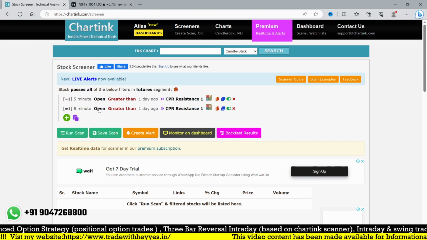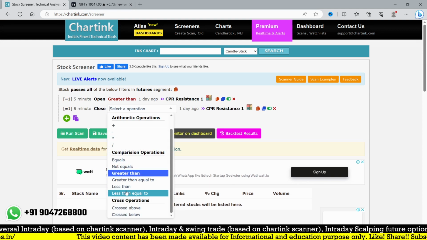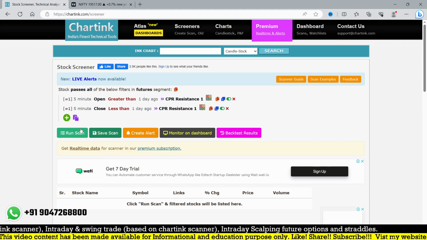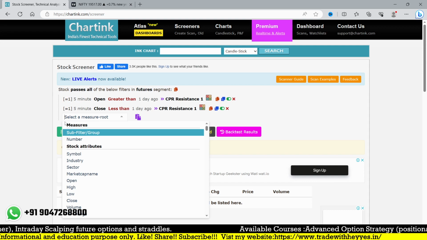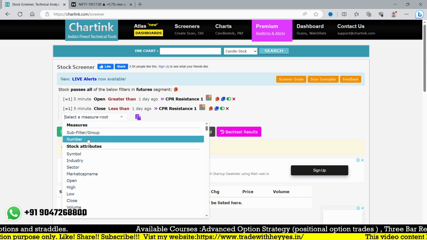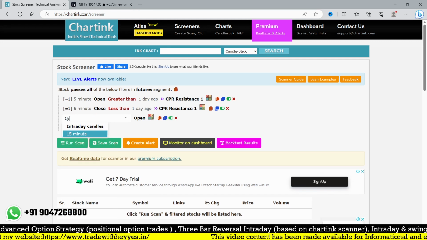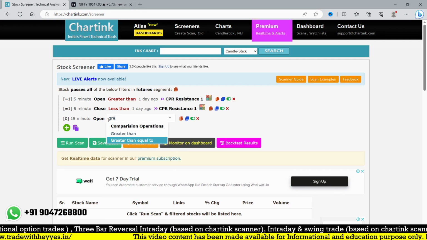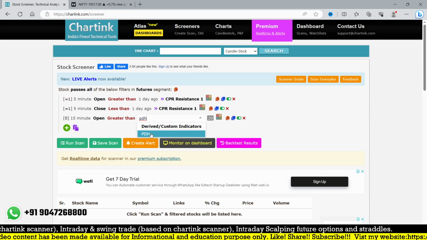So open and close must be less than R1. And another one more condition, the 15 minutes open must be greater than PDH.